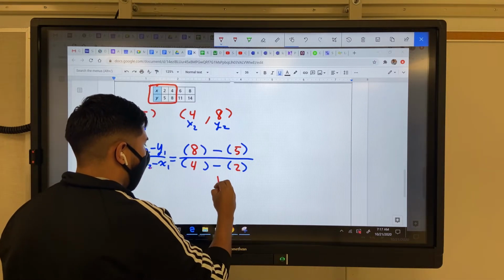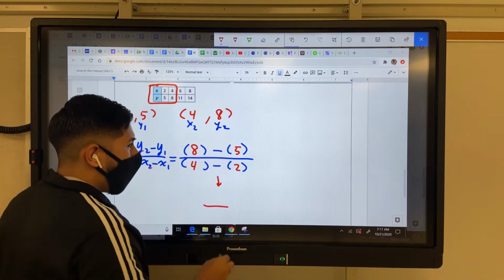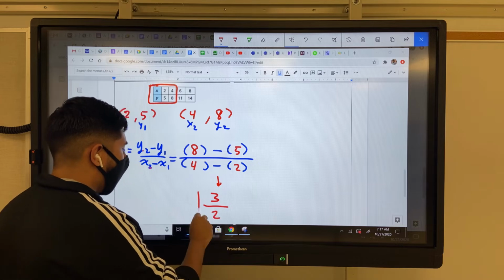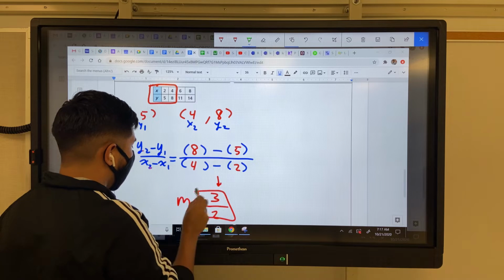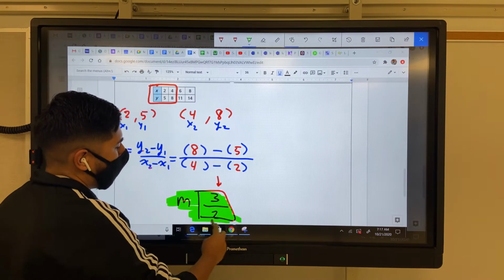Oh, this is gonna look nice. 8 minus 5, we got 3. 4 minus 2, which is 2, positive. This is my m. This is my slope.